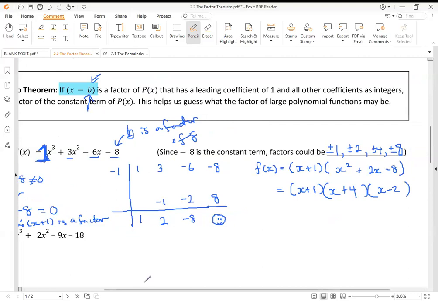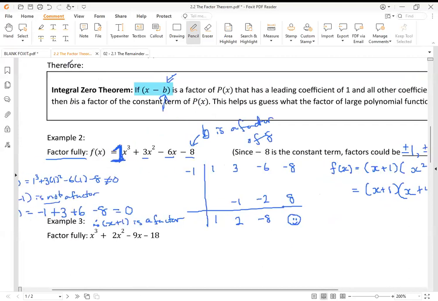We are testing a bunch of plus minus numbers, aka integers. We're testing integers until we get a 0, an integral 0. So if I give you an equation or a function and I say, go fully factor, exactly what you test: look at the last number, keep going until you get a 0.